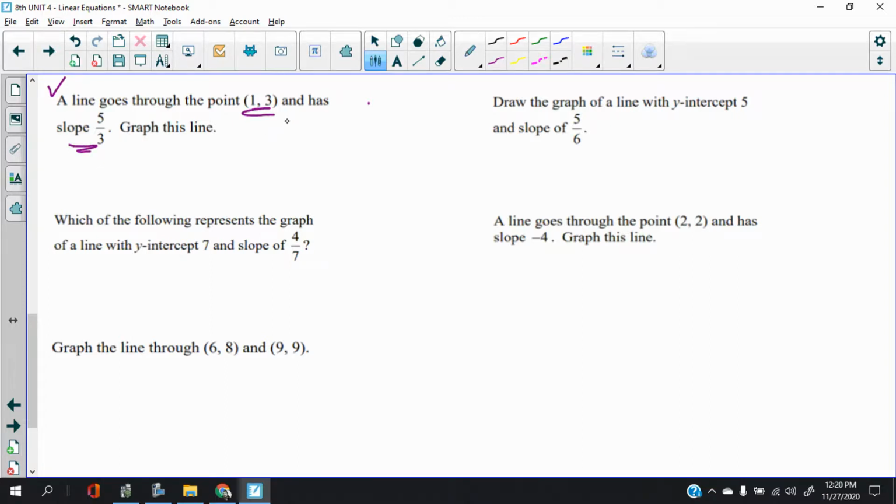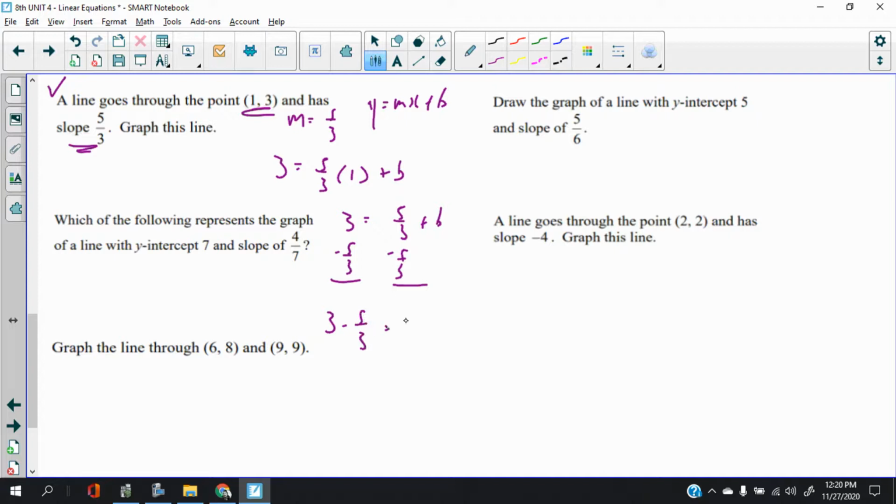Slope is 5/3. The point is this, so I'm going to do y equals mx plus b, right? So here I got 3 equals 5/3 times 1 plus b, and then you go from there, right? So it's 5/3 plus b, subtract 5/3. You're going to get a fraction. 3 minus 5/3 equals b.